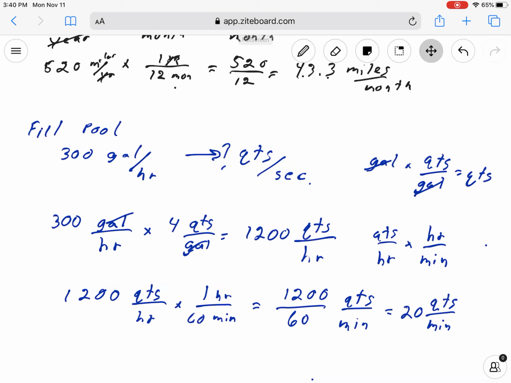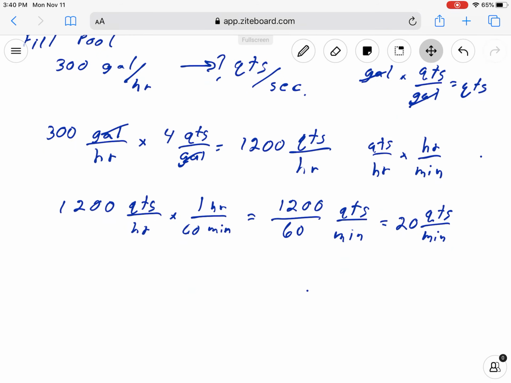Okay, so now we can do the same thing to go from minutes to seconds. So we have our quarts per minute, and I want to go from minutes to seconds. Okay, so now I can put my numbers back in.